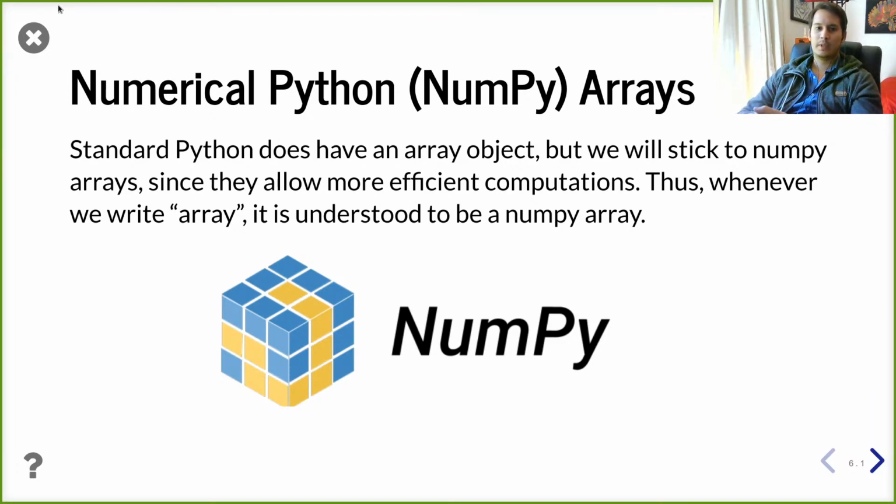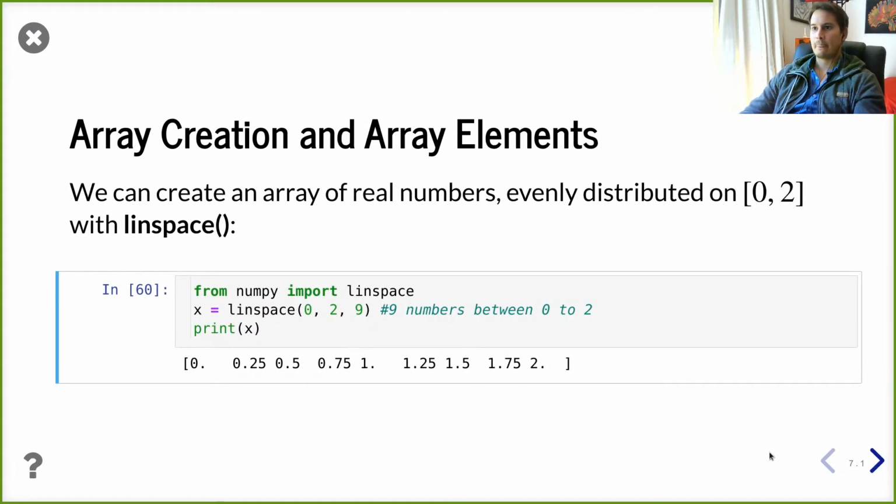So that's why it was necessary to create another type of object called Numpy arrays or numerical Python arrays that have a few benefits over the lists already present in Python. One of them is that you can do operations with them in contrast to lists.